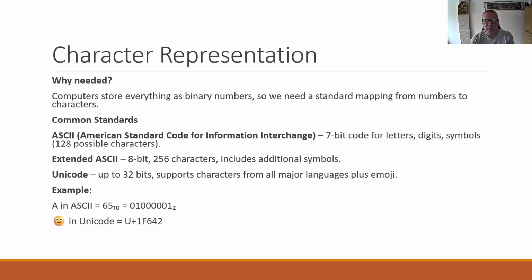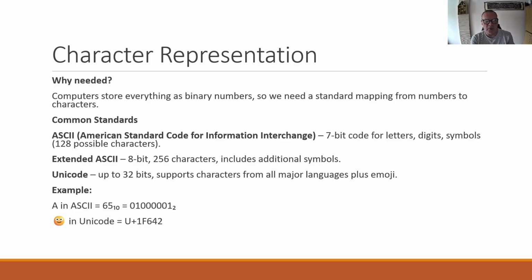It's a power of 2, whereas 7 is not. So extended ASCII uses 8 bits, and 256 characters are available. It's still not enough for some languages, especially symbolic languages.